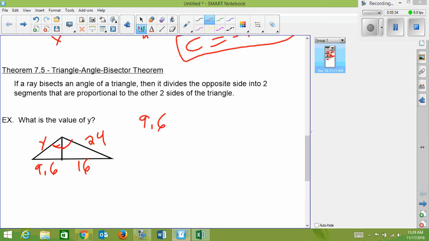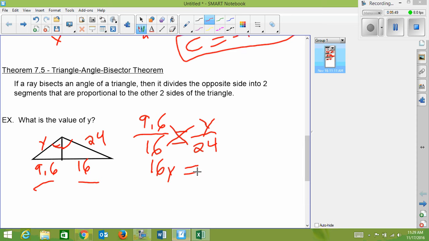So 9.6 over 16, these two pieces, are going to equal y over 24. So now I can crisscross, so 16y equals 230.4 divided by 16.